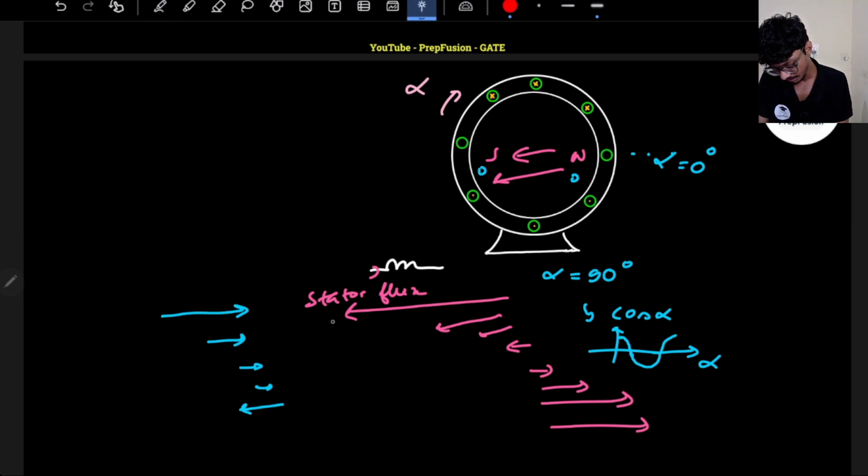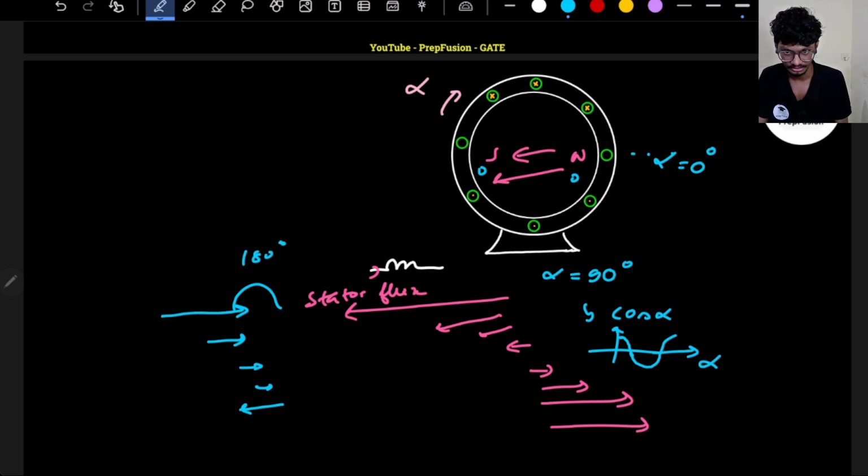Sorry, if here stator flux is increasing, rotor flux will increase in the opposite direction. So what is the angle between the stator and rotor flux? Are you observing the angle? So angle here is 180 degrees. And sometimes the angle will be 0 degrees. Either it will be along the same direction or opposite direction.